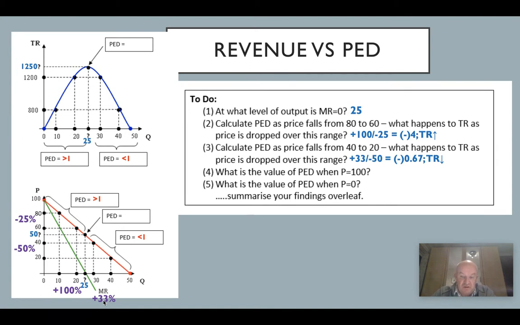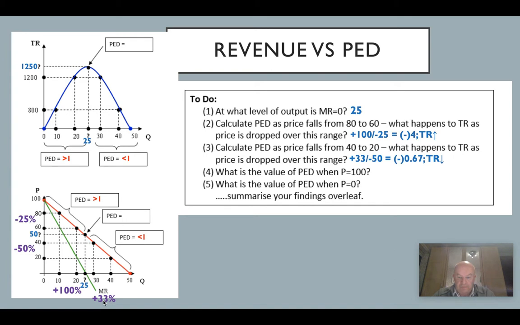And in this instance, the change effectively is a 33% increase in the number sold, divided by the 50% fall in price. And clearly in that instance, our total revenue in that scenario would actually fall. And again, you could calculate that in the way that we did previously.